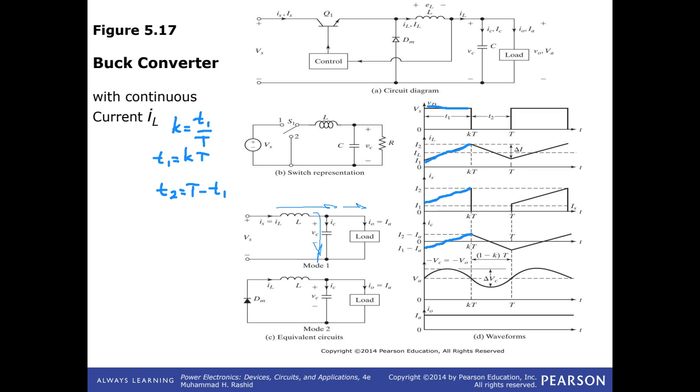T2 here, you can see that the switch is off. Then T2 is 1 minus K times T. Okay, so these are the equations we have.